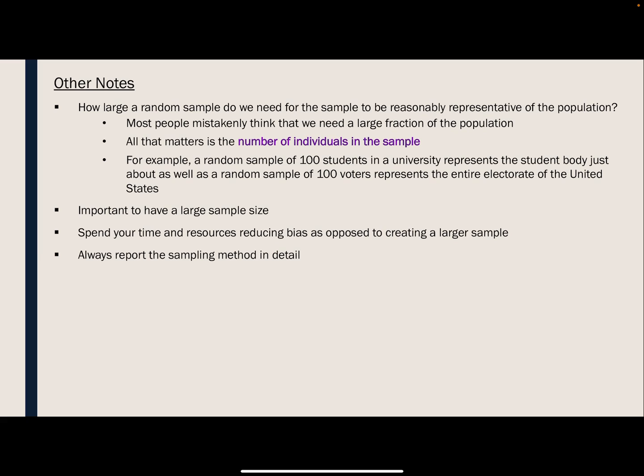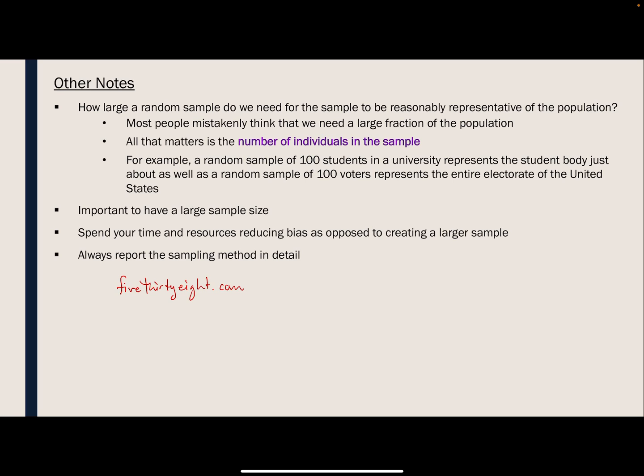One other final note is that researchers will always report their sampling method in great detail. And if you ever want to see this, there are some great websites out there. My favorite is 538.com. They have a whole bunch of statistics stuff.